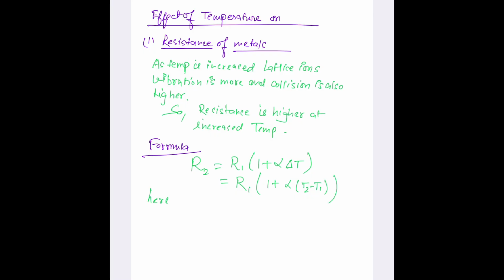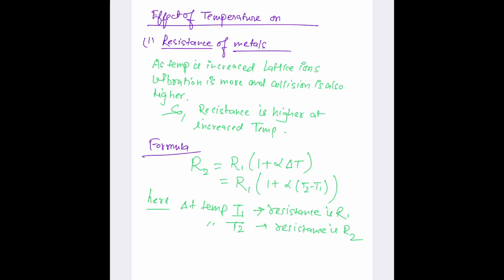Here is a formula from which we can calculate the resistance if we are given two temperatures and the resistance at one temperature is known. Here resistance R1 is at temperature T1, so we can calculate the resistance R2 at temperature T2.